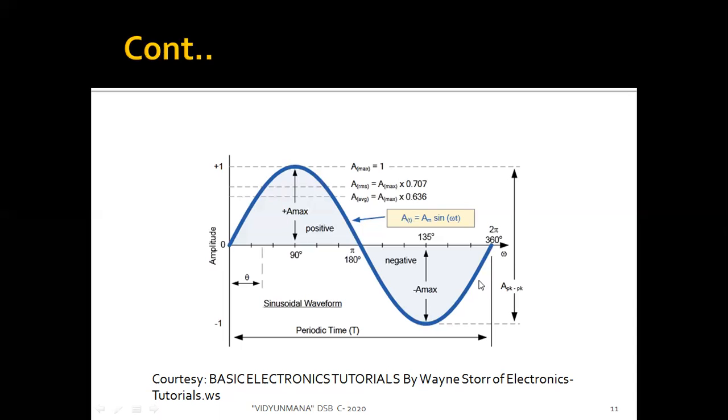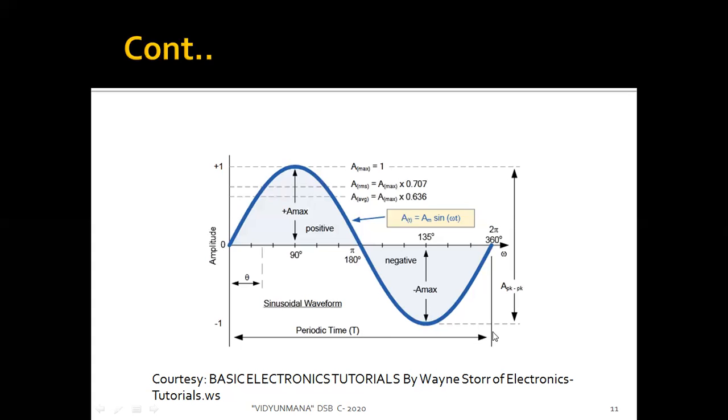Next, it touches 360 degrees at the end of the negative half cycle, that is 2 pi, because from 0 to 2 pi the total angle is 360 degrees. The complete cycle is named the time period or periodic time, and it is represented by T.